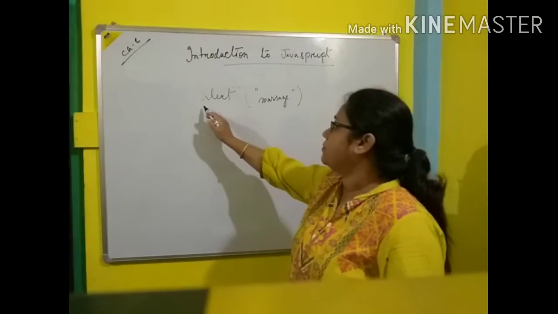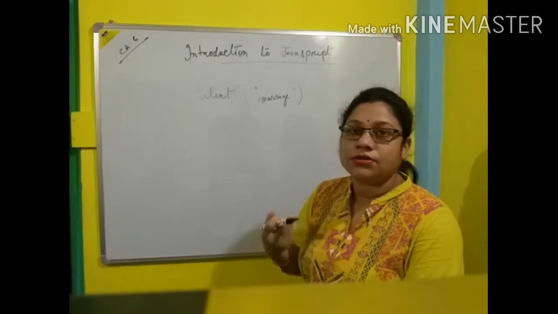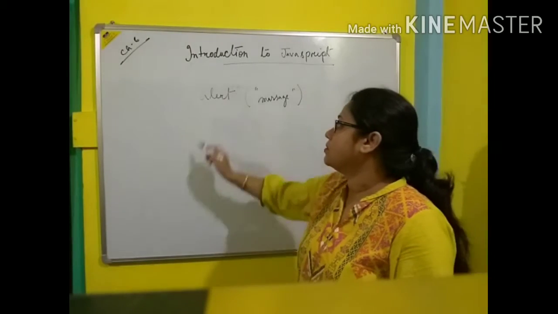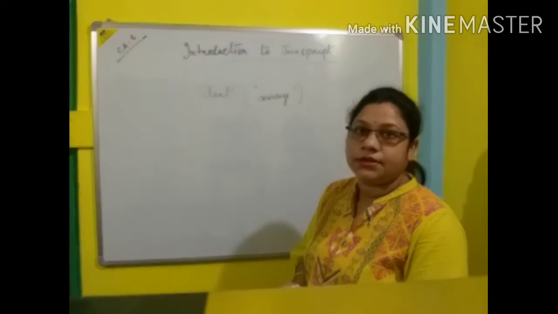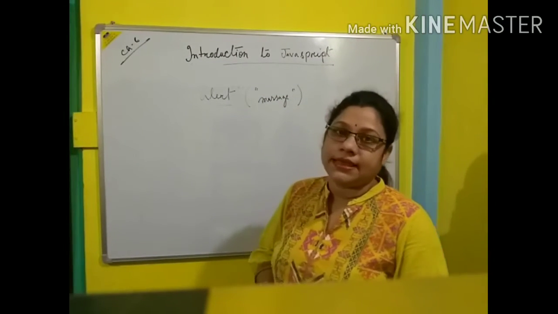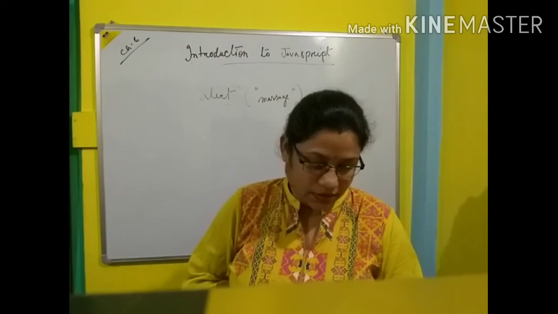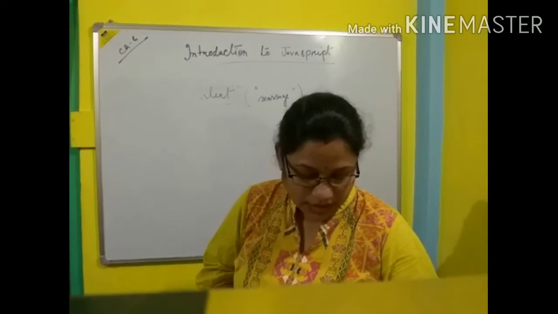Okay. So for giving the alert, or if you want to say something to the user, you can use the alert statement. Within the round bracket, you give the message that you want to give to the user. Okay.